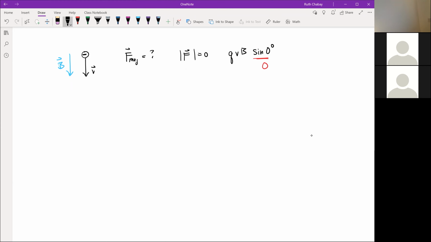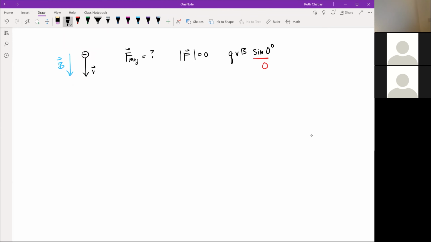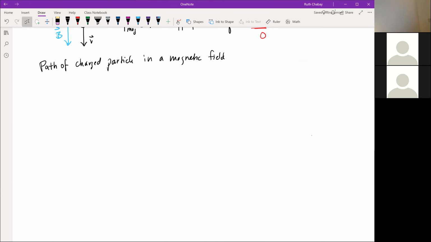So let's think for a minute about what the path of a charged particle in a magnetic field would look like, when the force is always perpendicular to the motion.